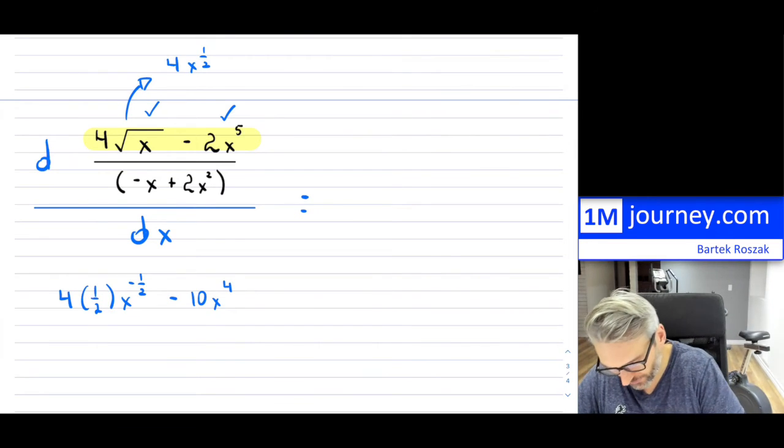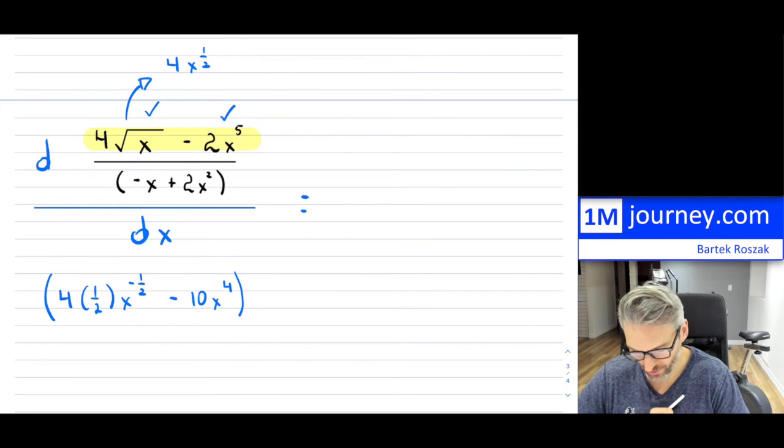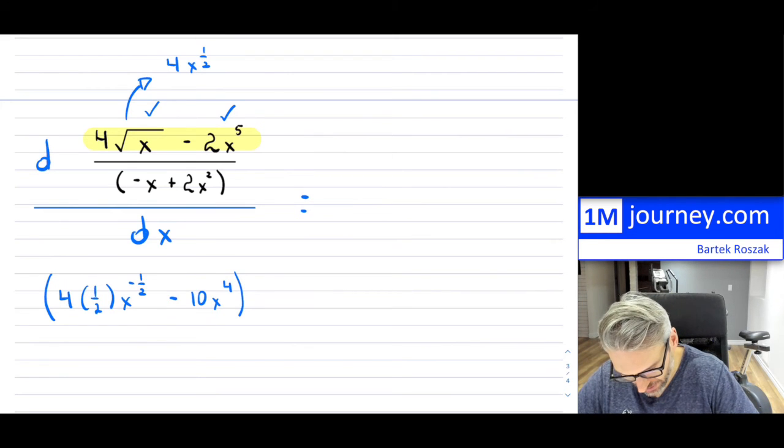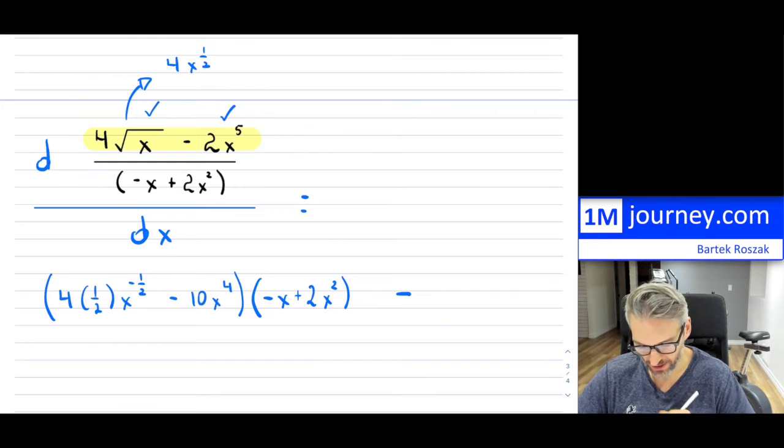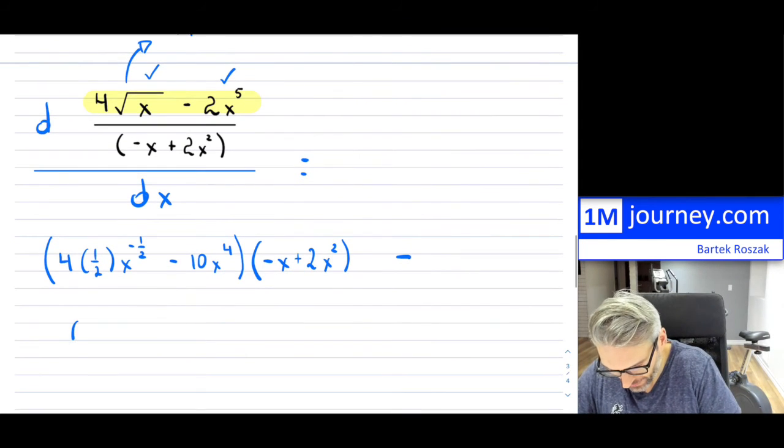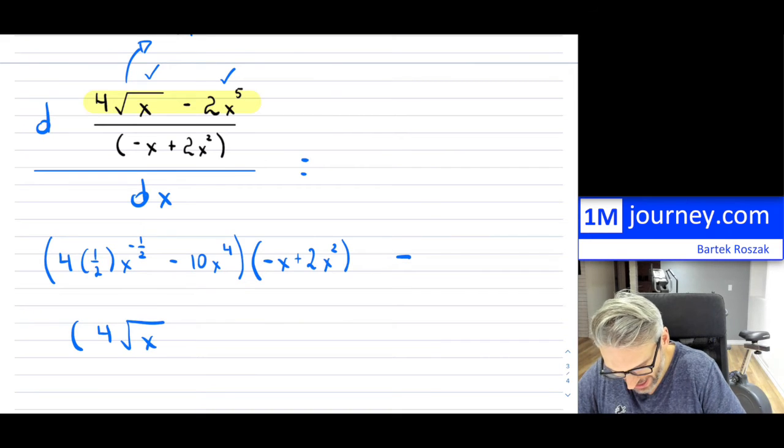So that's the derivative of the numerator. Now I'm going to leave the denominator as is, so negative x plus 2x squared, minus, now the numerator stays as it is, so this would be that minus 2x to the 5.